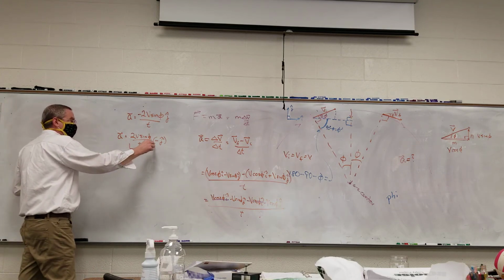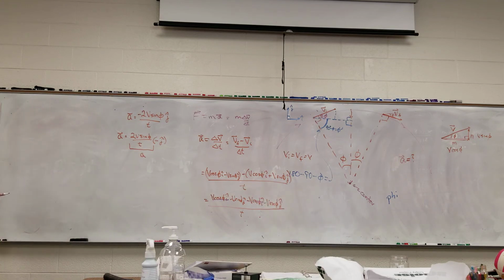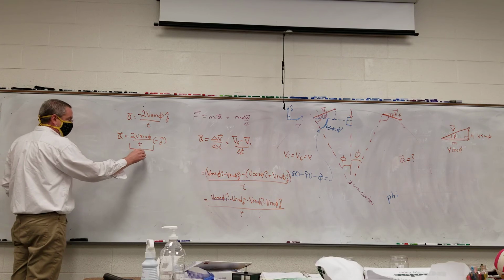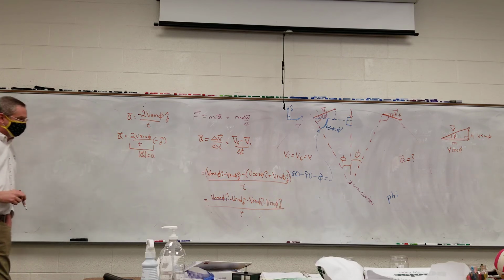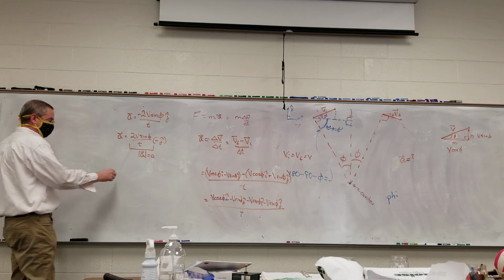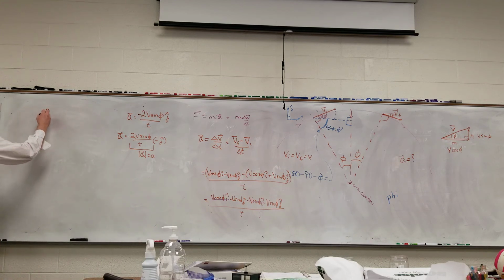This piece without the negative j hat is the magnitude of the acceleration, which I'm just going to use as a for right now. So I need to simplify that 2V sine phi over time. All right.